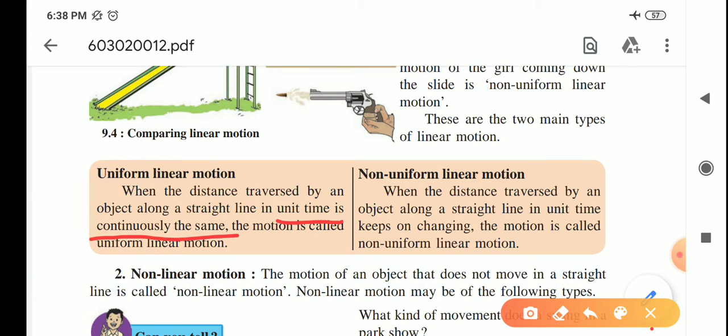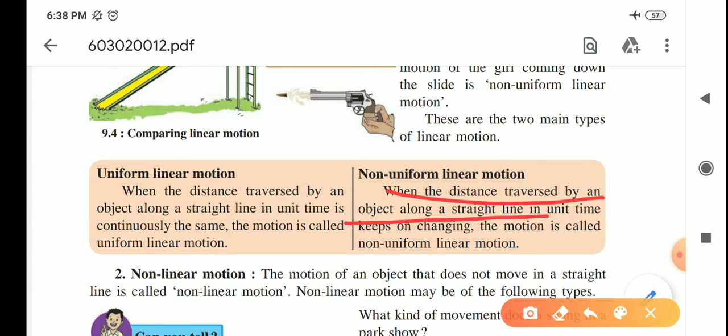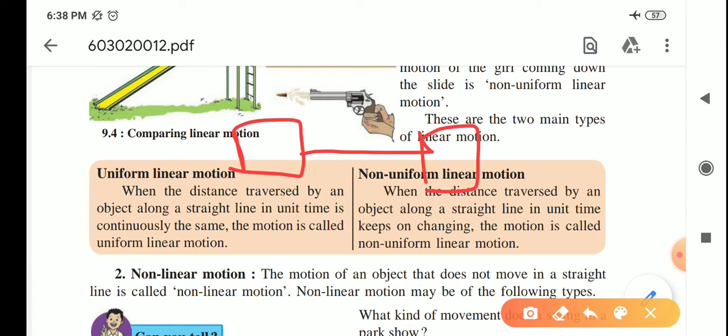And what is non-uniform linear motion? When the distance traversed by an object along a straight line in unit time keeps on changing, the motion is called non-uniform linear motion. If one object travels in this direction, in half an hour the object travels 1 kilometer, but in the next half an hour it travels, let's say, approximately 2 kilometers.